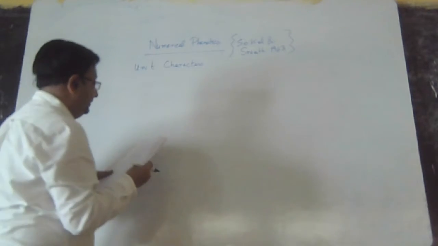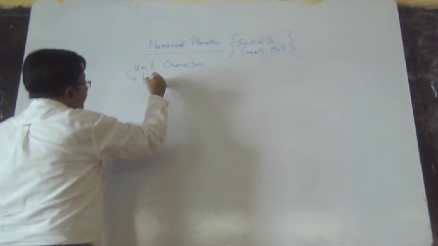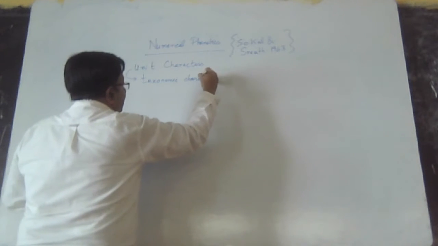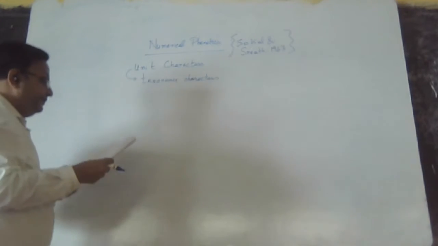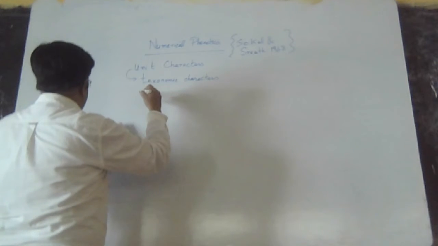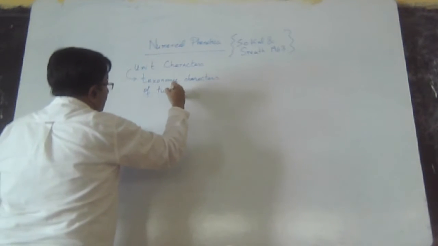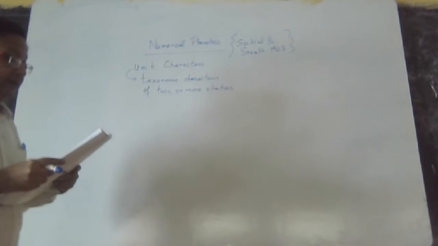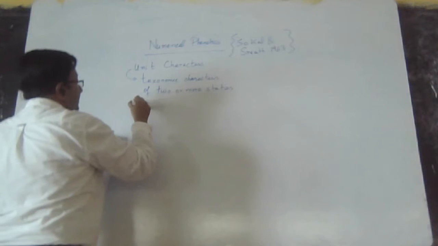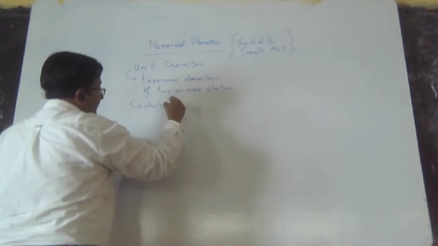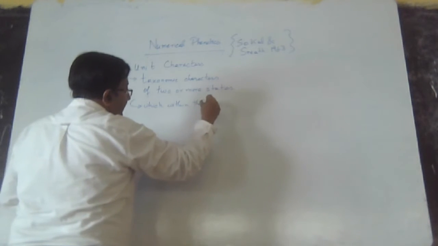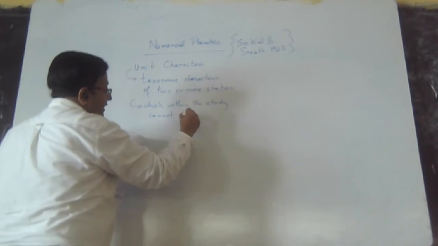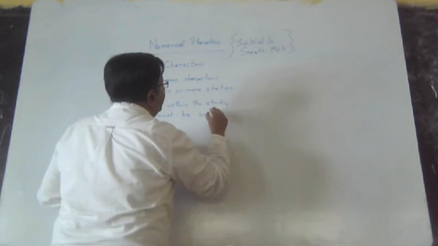So unit characters are basically defined. They are taxonomic characters of two or more states, and the important point is that within the study they cannot be subdivided logically.